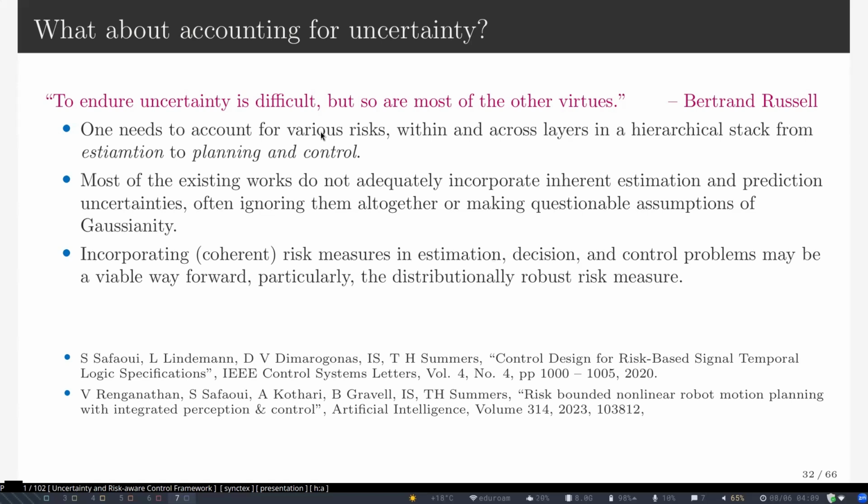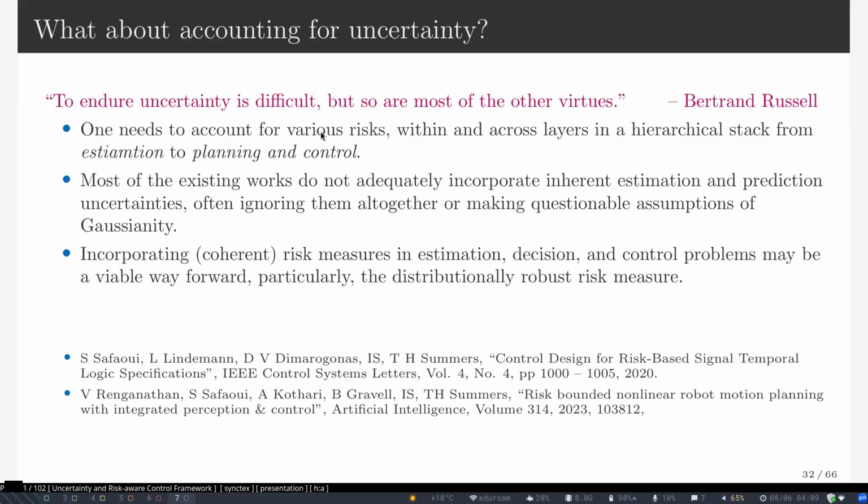So handling uncertainty is difficult, but a large model is difficult too. So the truism is that you have to account for uncertainty, things that you can't quantify.